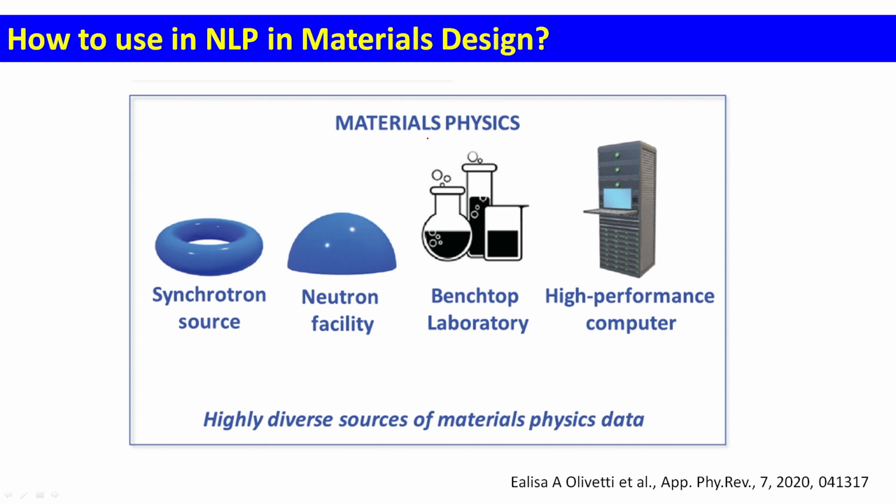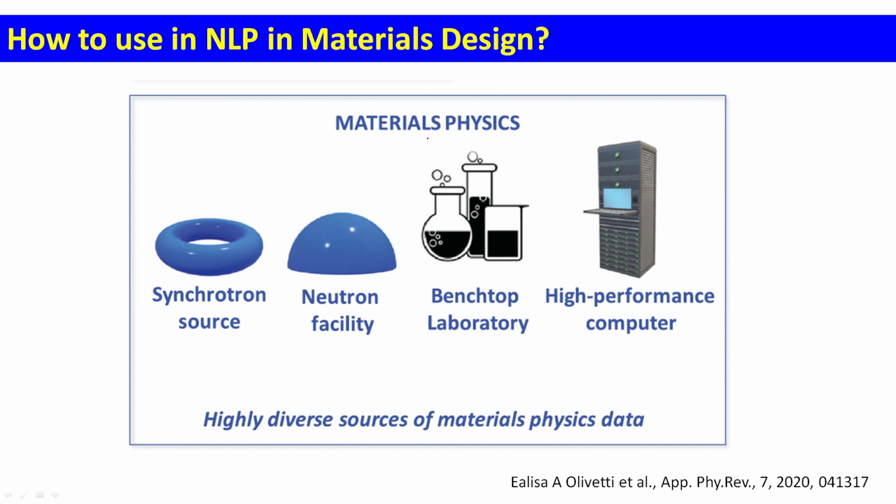That generates huge information, but most of it is collected wherever the synchrotron source is. Like in India, you have a synchrotron source in Indore, where all the information is collected. This information is stored there, and then a user takes the information, analyzes it and publishes something, a book or paper or patent, whatever it is.